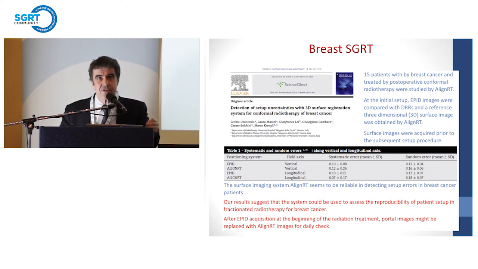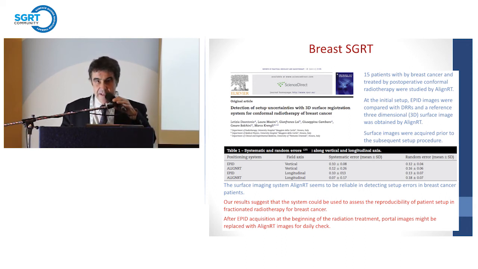This was not really unexpected because the breast is a subcutaneous target and very close to the thoracic wall, and as we expected there was a correlation between the position of the bony anatomy in terms of thoracic wall and the surface of the patient.